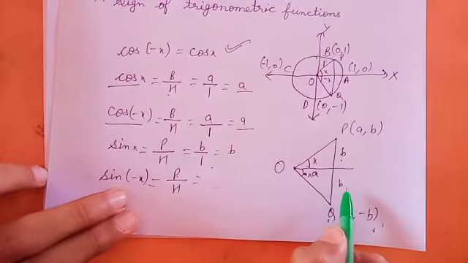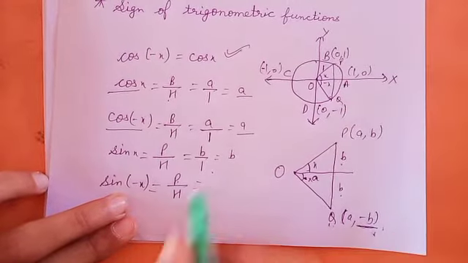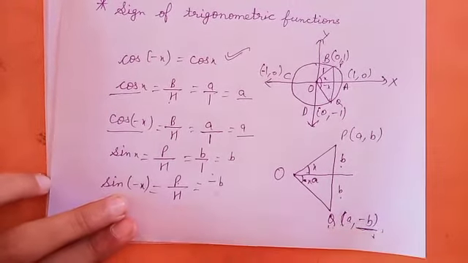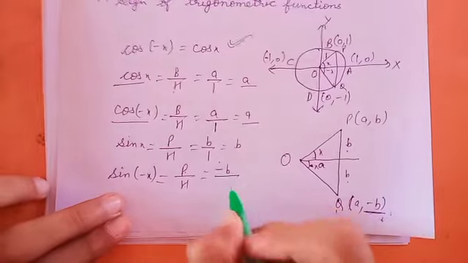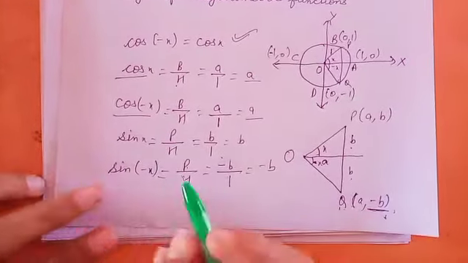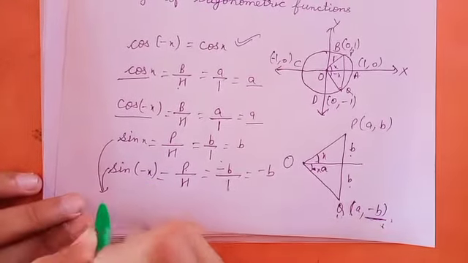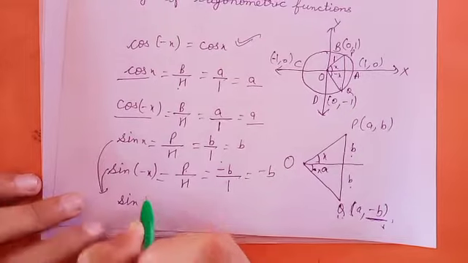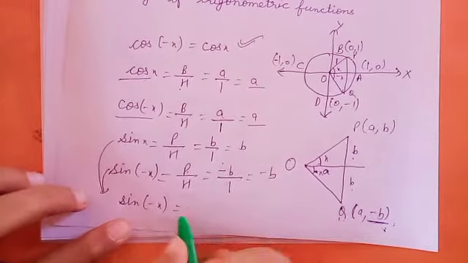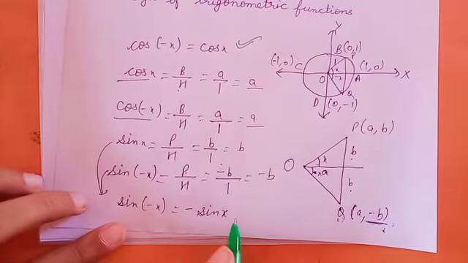Our perpendicular is again B, but in the fourth quadrant as it is negative, so along with the sign we will get minus B by hypotenuse 1, which is equal to minus B. Now you can look here, from these two we get that sine of minus x is equal to minus of sin x. Do you understand it?